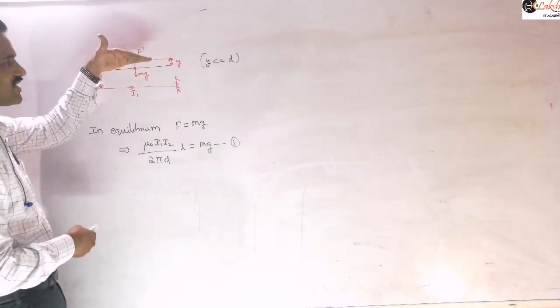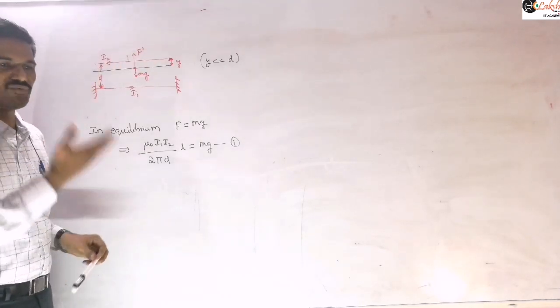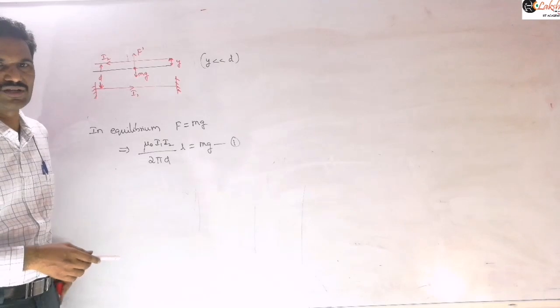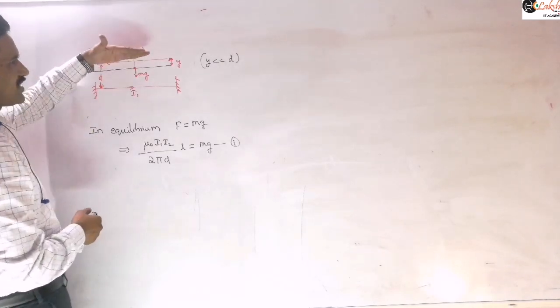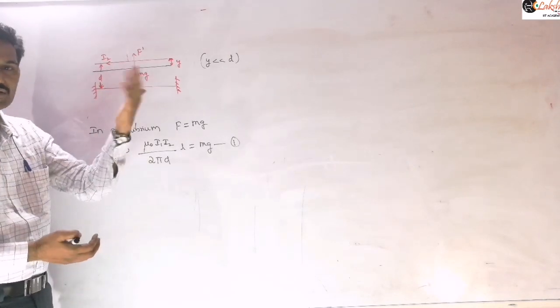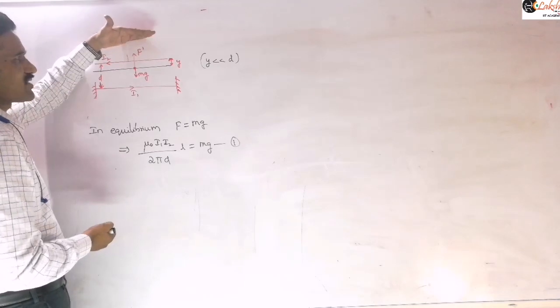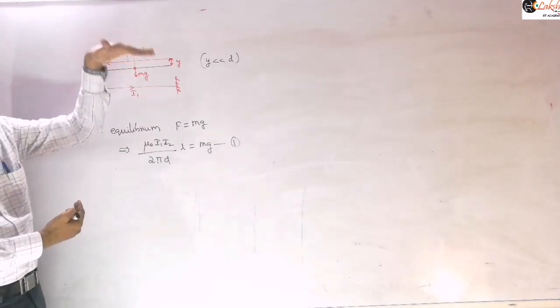If you release it from this position, now F dash is greater than mg, so the wire starts accelerating in the upward direction. Once it reaches the initial position, again the net force will be 0, but it has some velocity, so it will cross that equilibrium position and rise above it.